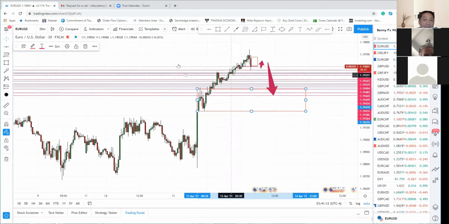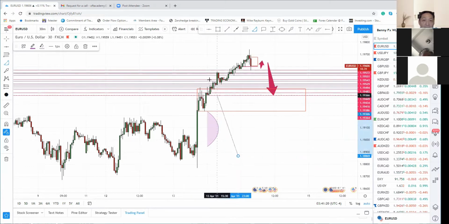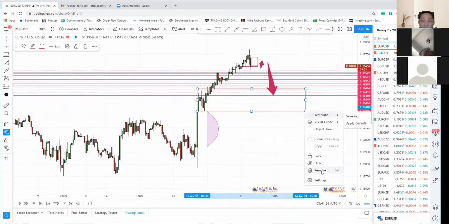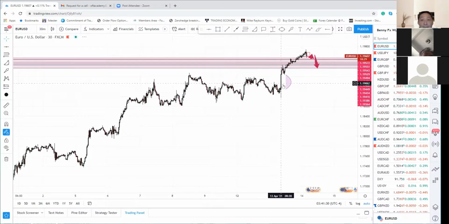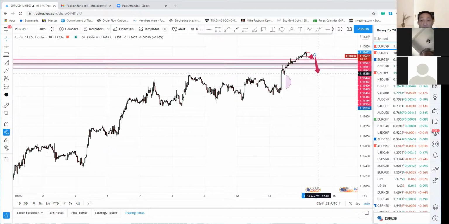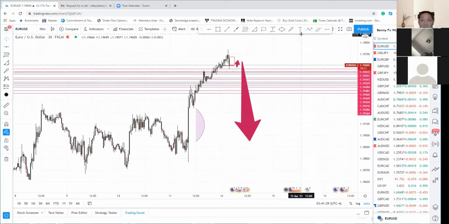Because the target for this down move is this, because the market needs to fill up this gap. So most likely this demand will be removed because the market wants to fill up this gap. So I would think that you will come here, and that's the time I'm going to look for a long.